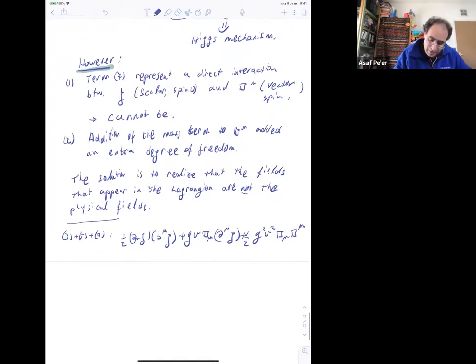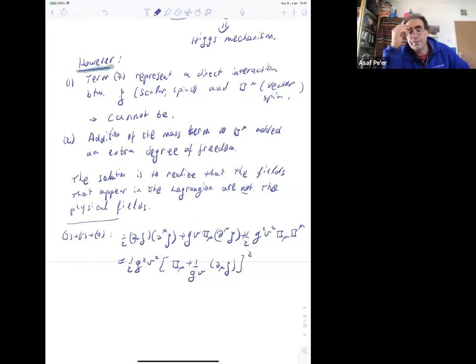I can write them down as 1/2 g squared v squared (B mu plus 1 over g v d mu psi) squared.